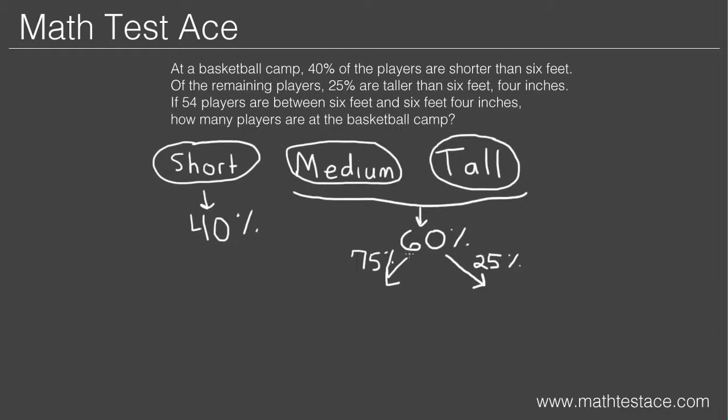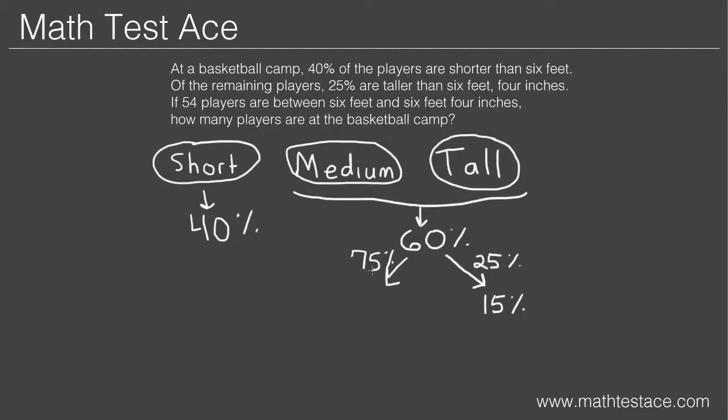So we need to multiply the 60% by 25% to figure out what percentage of the basketball players are in the tall group. 60% times 25%, you can use a calculator, you can do it out longhand, but you'll find that it's 15%. If you're wondering where I got that, one way you could do it is say 60 times 25 over 100, because 25 over 100 is 25%.